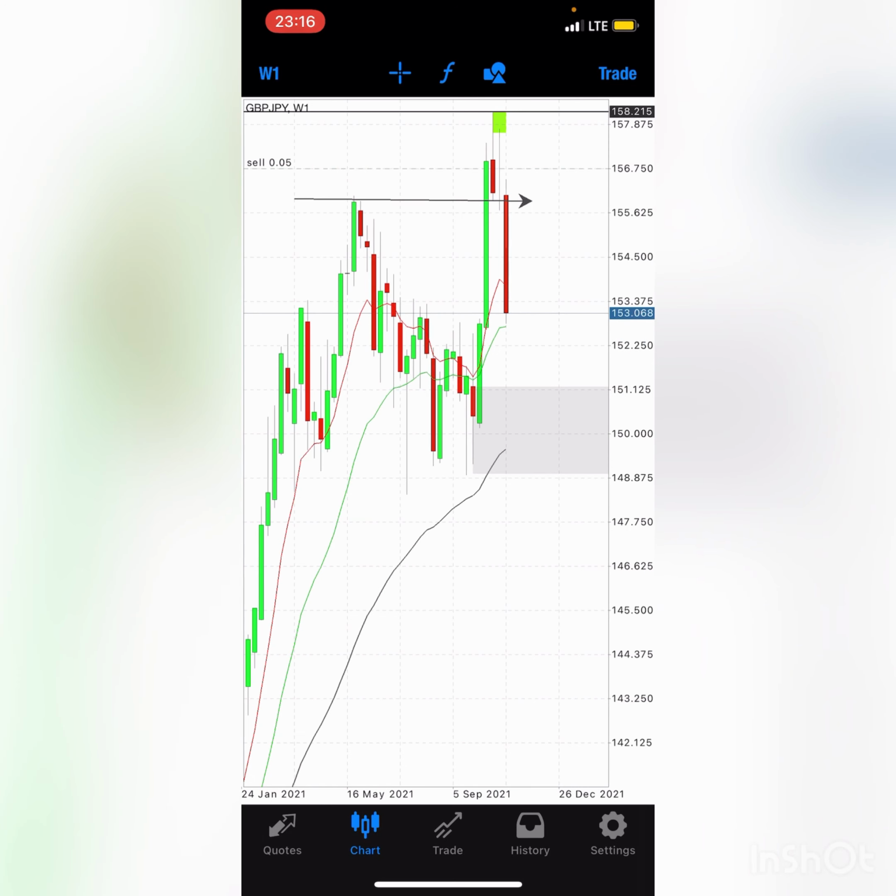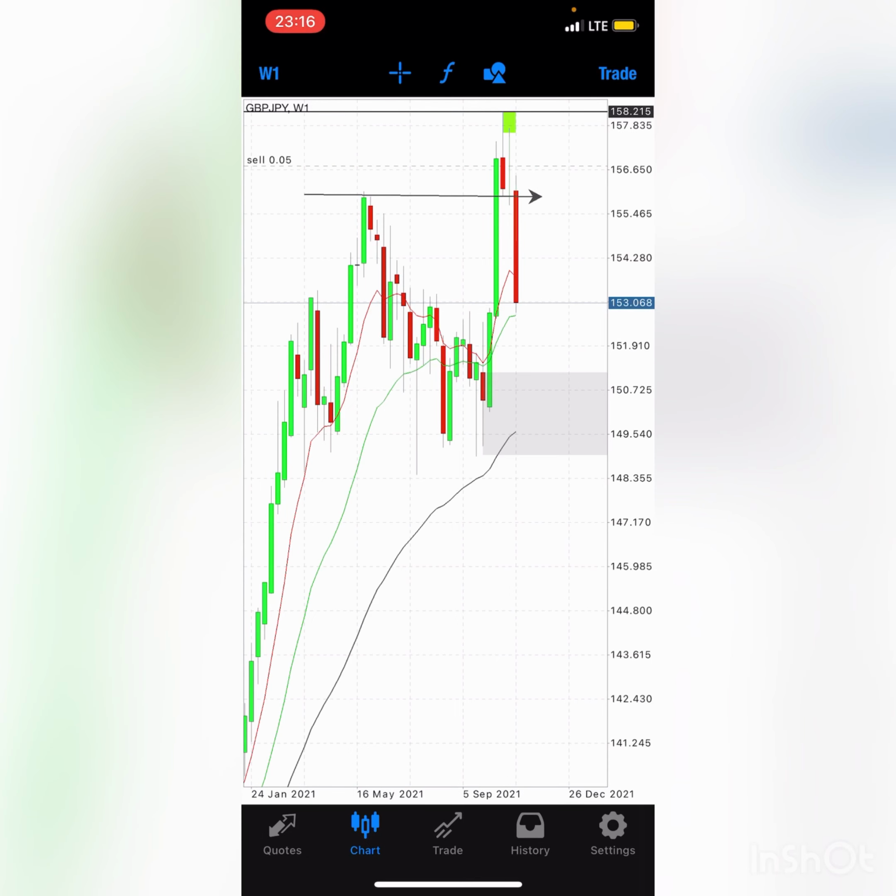So when I saw the up move, the impulse move upwards, I knew that price would have to retrace eventually, right? And that would be what I'm interested in taking advantage of, because I know that the harder price rises, the harder it'll fall. Or the harder it falls, the harder it'll rise. Right. So let me show you how and why I entered this trade right here.